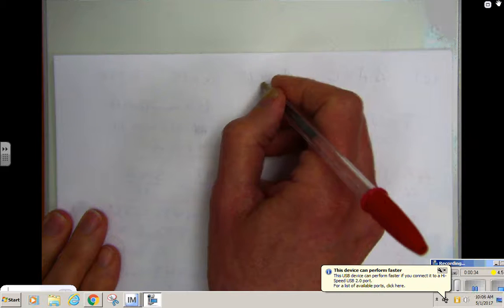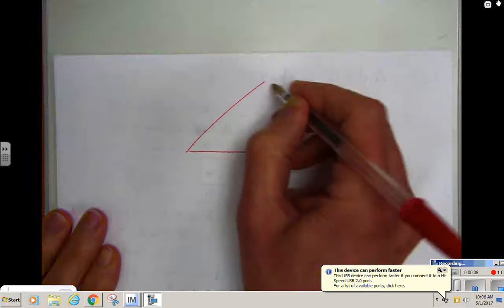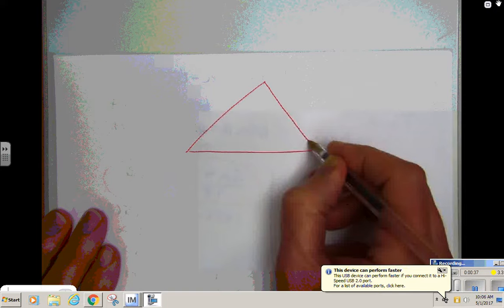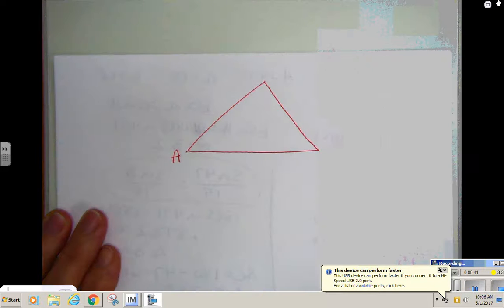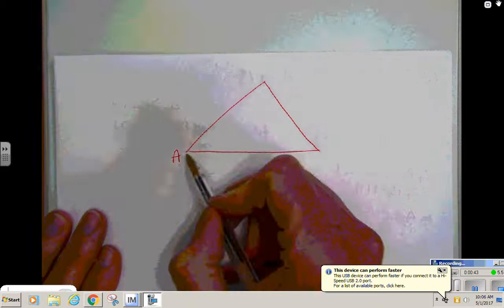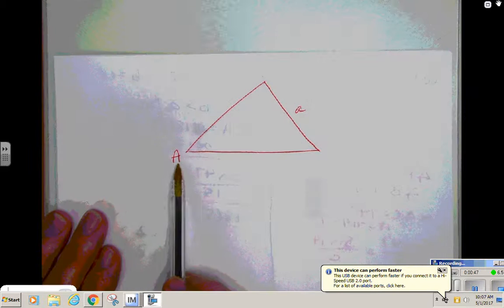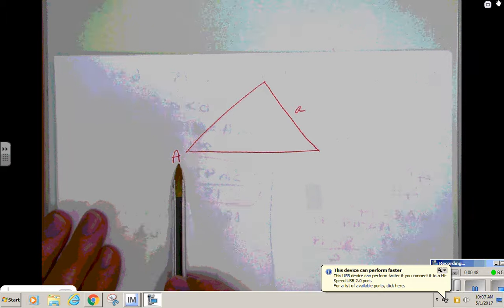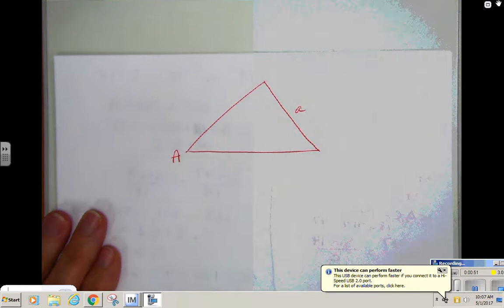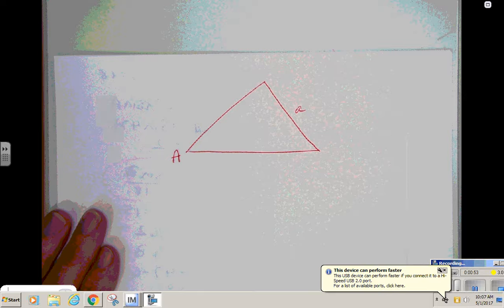The area of a triangle is 1/2 the product of the lengths of two sides and the sine of their included angle. So let me draw the triangle. If we start with angle A, the side across from angle A is always side A. So your angle is an uppercase A, and the side is a lowercase a.